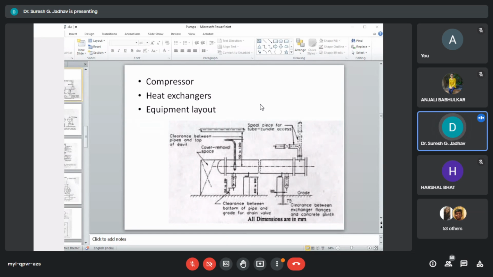And we have discussed the basic principles adopted in heat exchanger piping.